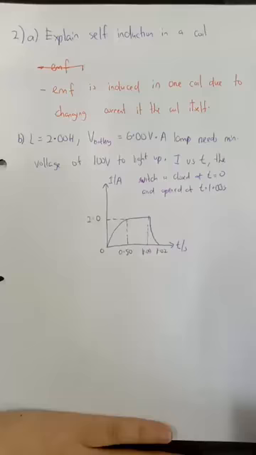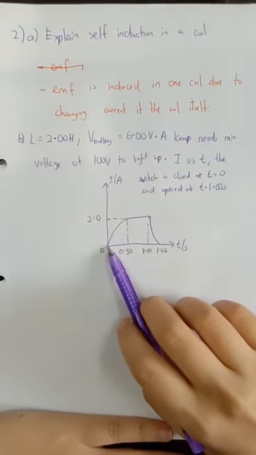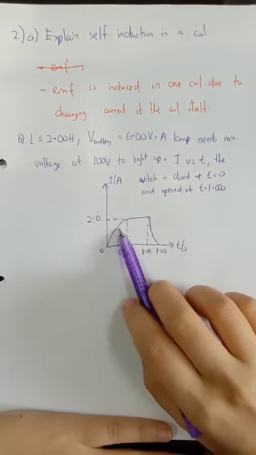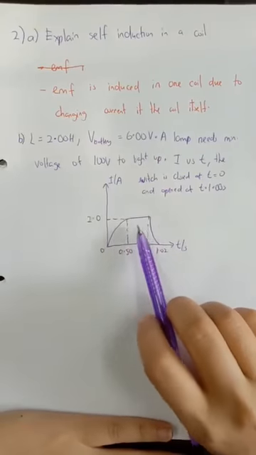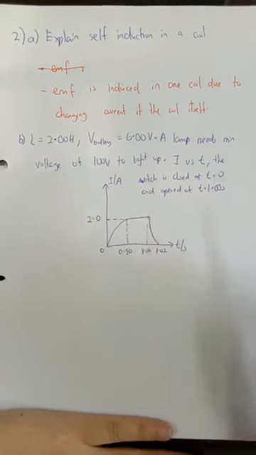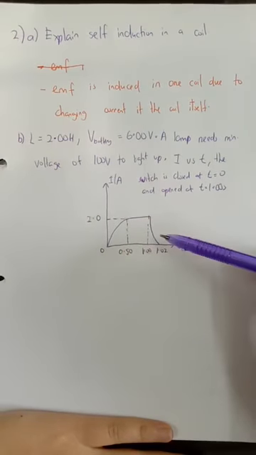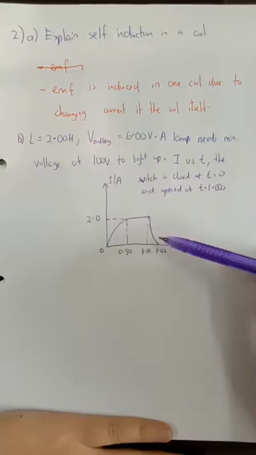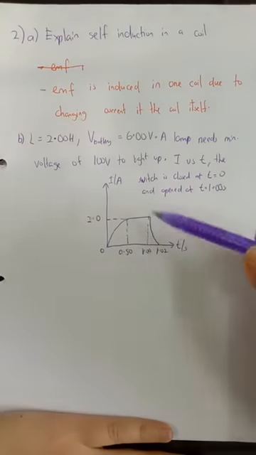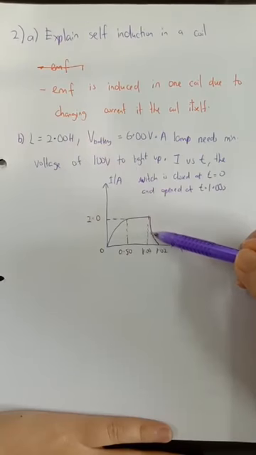When the switch is closed, the circuit is complete, so current will start to flow, slowly increasing, and then it will have a constant value. Then when open at 1 second, the circuit is off, so there will be a drop of current.